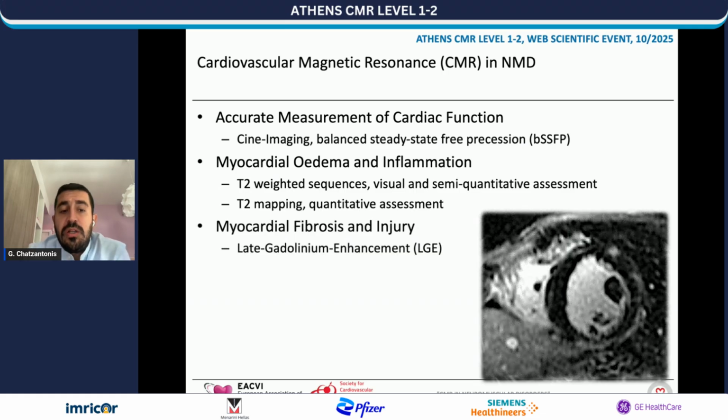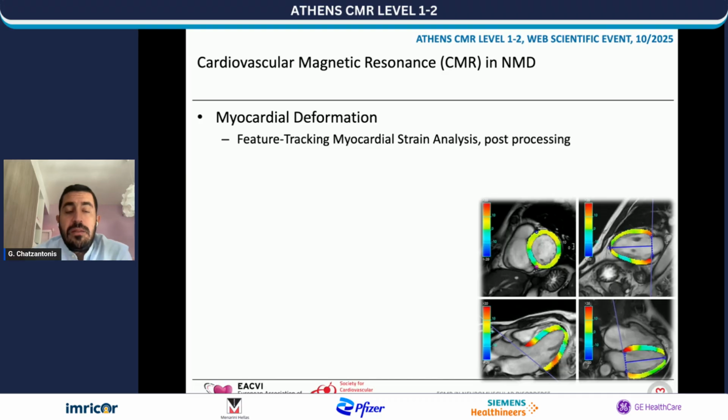Myocardial fibrosis and injury, late enhancement, really important. And deformation, feature tracking, myocardial strain analysis can be done in post-processing.